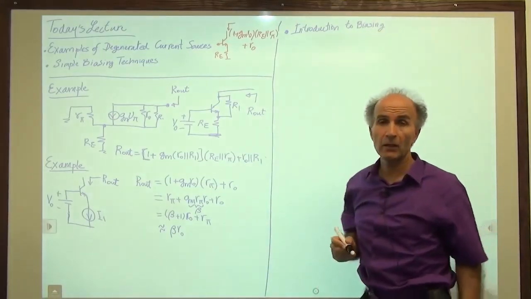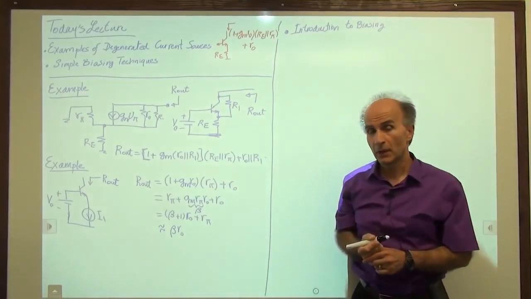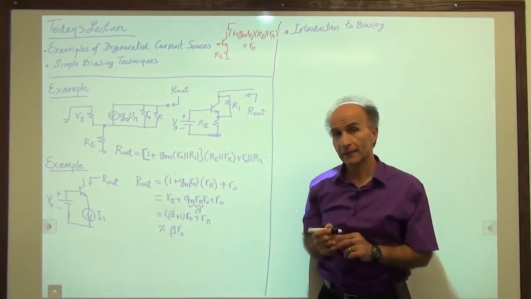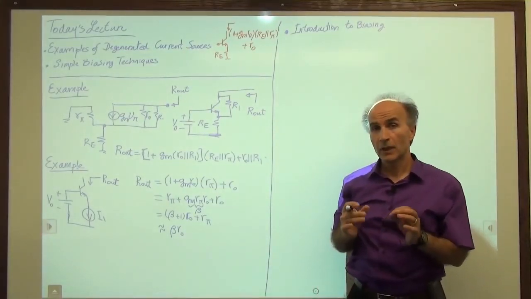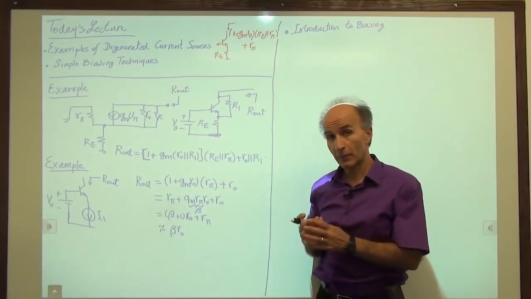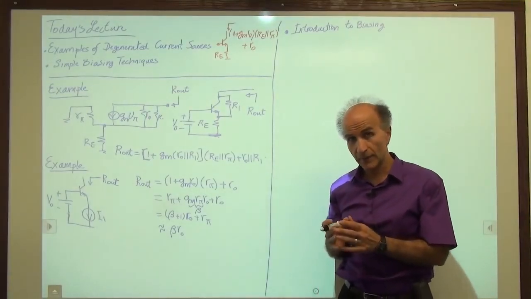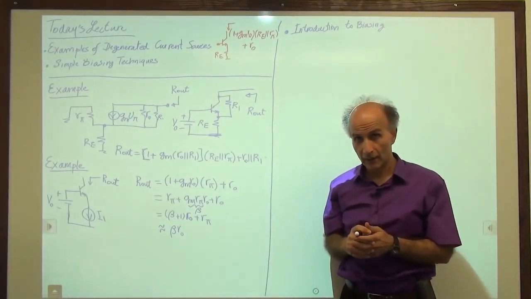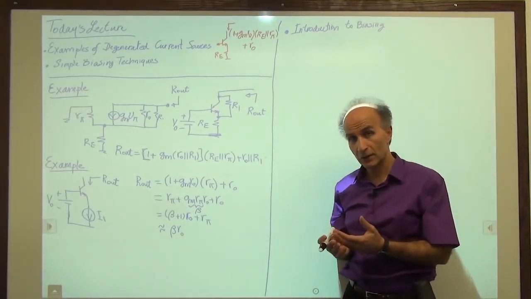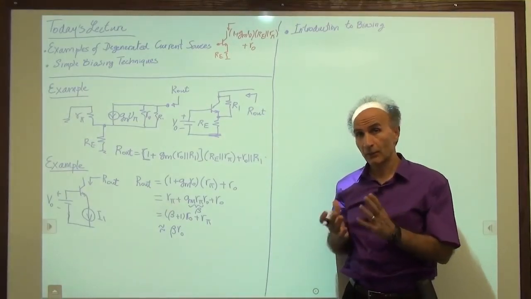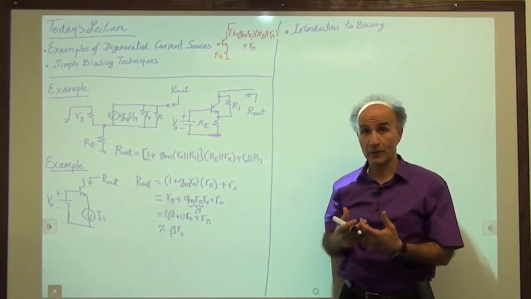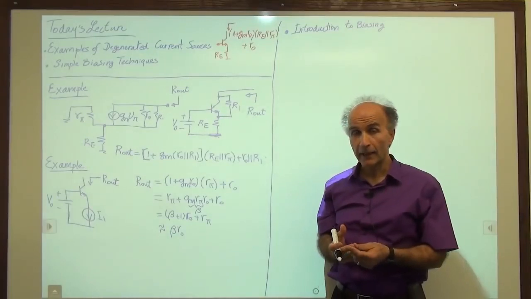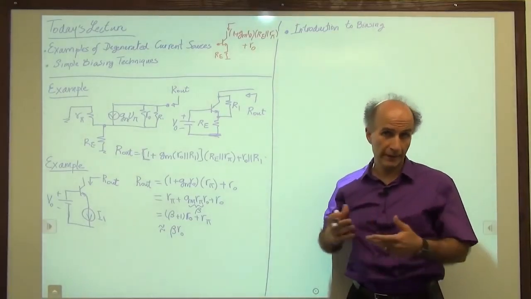I hope you remember by now why we bias a transistor. We bias a transistor so that it has proper small signal properties, values, and operates in the proper region of operation. It has to be in the forward active region, so the base emitter has to be forward biased, the collector current has to be something reasonable, and the transconductance has to be reasonable, etc.